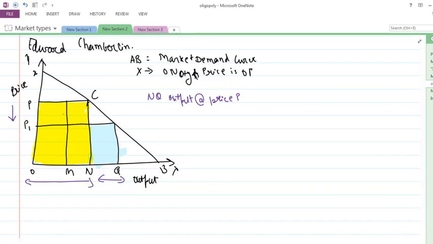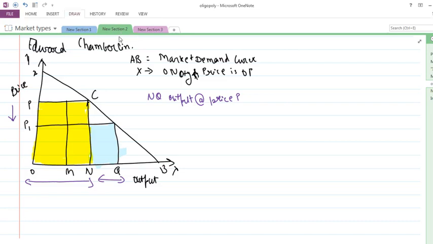Now X immediately realizes that if he reduces the price in order to eliminate competition, or in order to sustain a higher market share, higher market share को sustain करने के लिए, what he would be doing is that instead of retaliating and engaging in a price war, what X immediately does is that this is a case of mutual interdependence, and due to this, the two producers reduce their quantity.